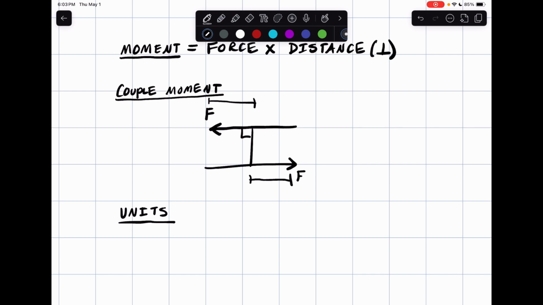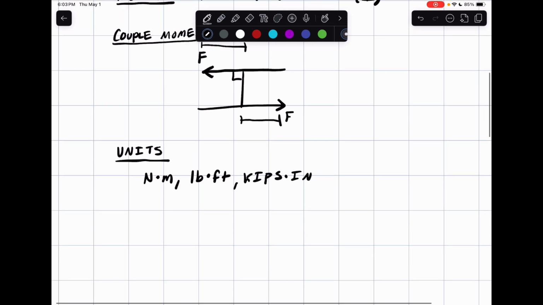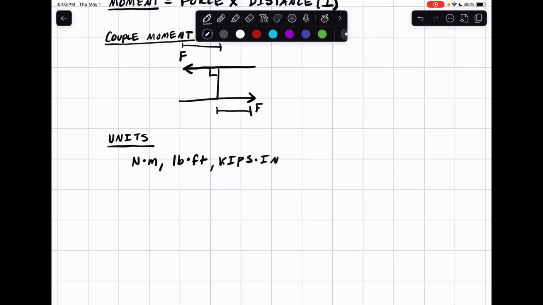So some common units include newtons multiplied by meters, pound times feet, or kips times inches. I think there's more, but I'm not too sure of which ones right off the bat.